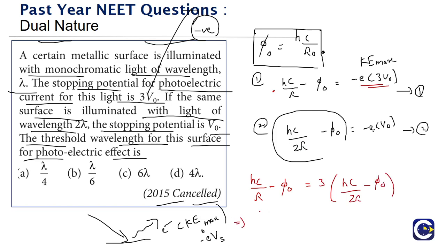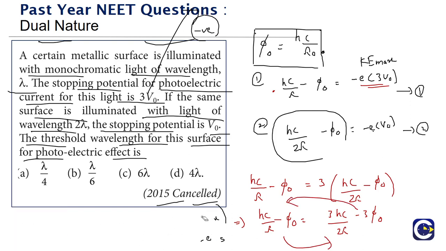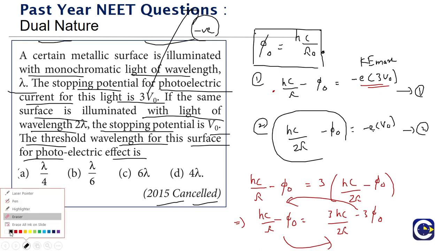So what we get from here is hc by lambda minus work function is equal to 3 hc by 2 lambda minus 3 times the work function. Now we have to rearrange. Bring the hc by lambda to the right side, and take minus 3 times the work function to the left side. This will give us the work function finally.